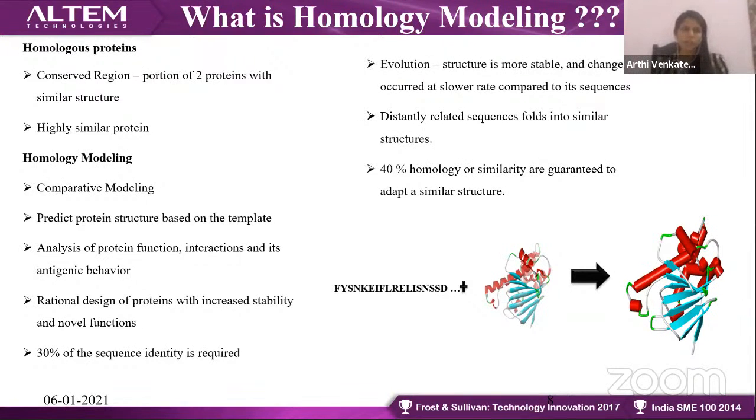So you'll have two structures. Say, for example, you have two protein structures and you will be comparing those protein structures. That is called comparative modeling. Apart from that, you predict the protein structure based on the template molecule.